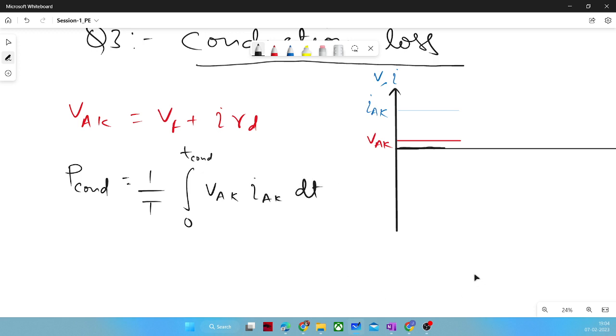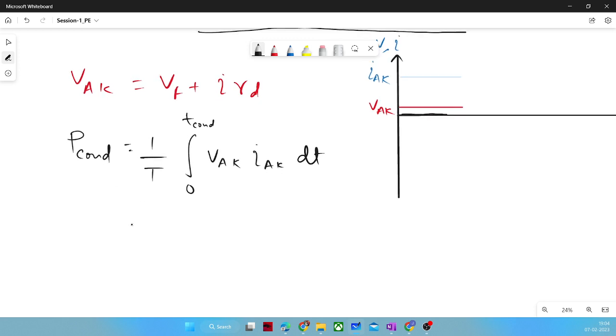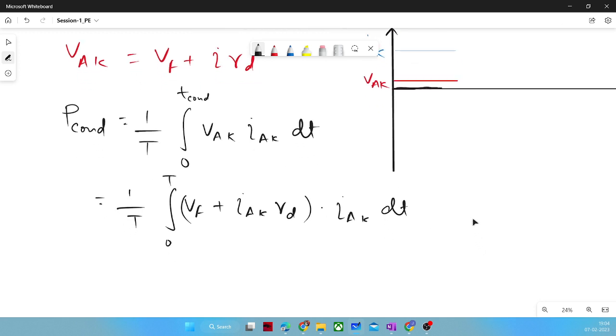So this is the thing here. Now VAK we have expressed in terms of VF and IAK into RD. So we will plug in those values: integral 0 to T of VF plus IAK into RD, into IAK, dt. Okay.